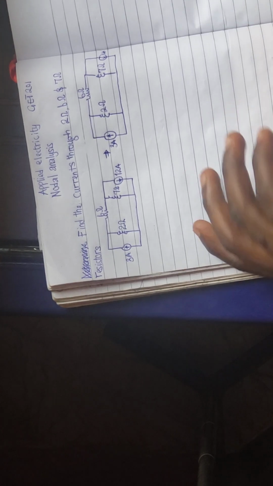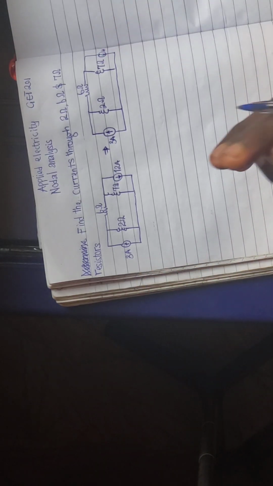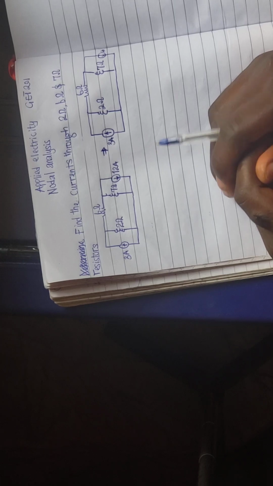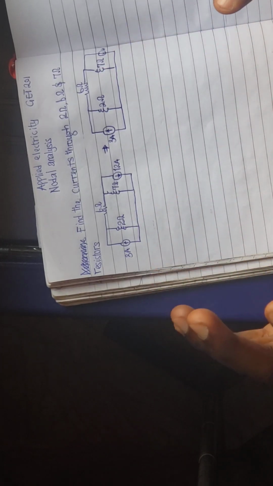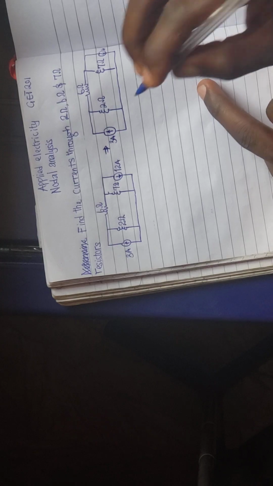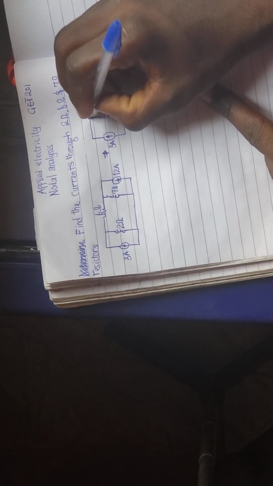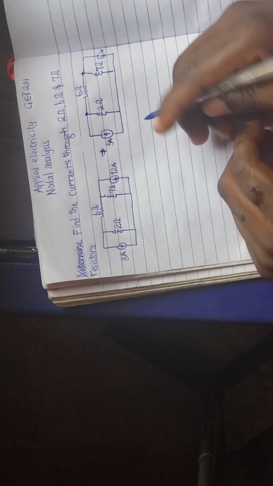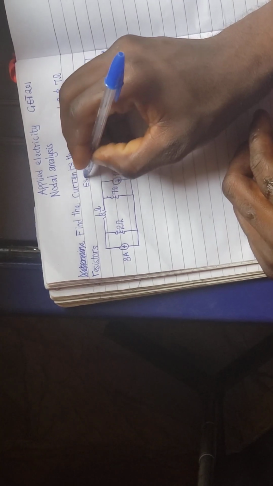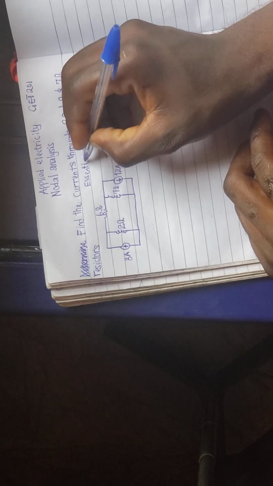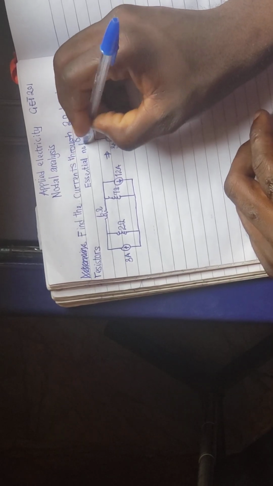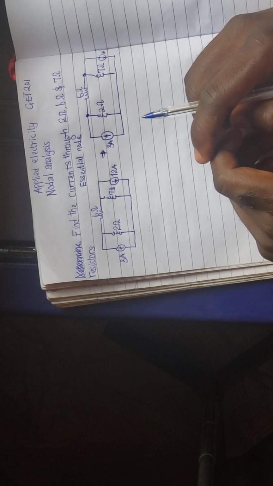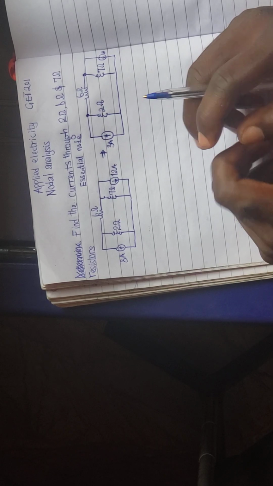So that is that. There are some steps that are required in solving questions using nodal analysis, and one of them is that we should assign voltage to essential nodes. What I mean by essential node: an essential node is a point in a circuit which is connecting three or more components.